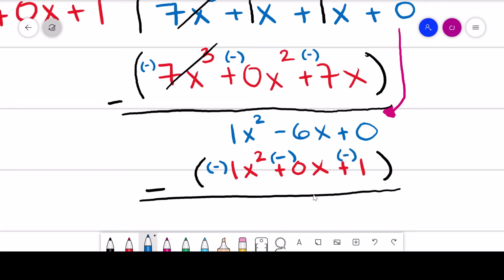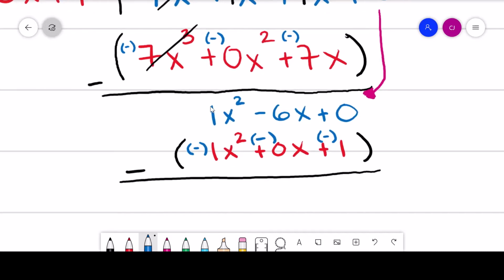So now I can subtract without having to worry that I missed a term or a symbol. So I have 1x squared minus 1x squared. Well, that cancels out. I have negative 6x minus 0x, which is just going to give me negative 6x. I then have plus 0 minus 1, which is going to give me negative 1.